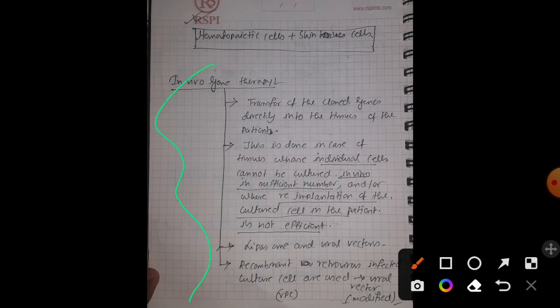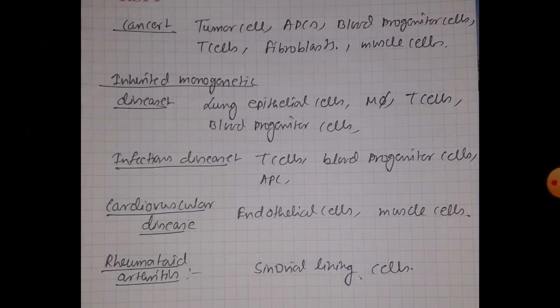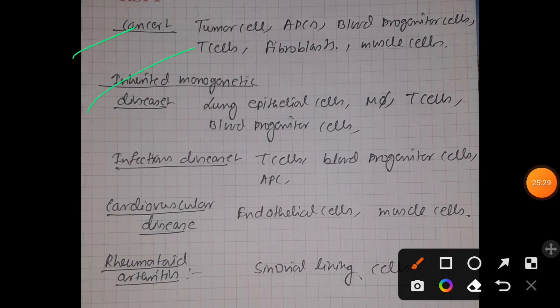That is why we developed in vivo gene therapy, where we transfer the cloned gene directly into the disease cell containing tissue.